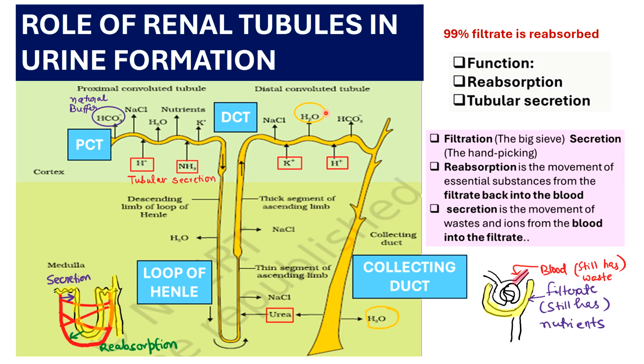That means if the body requires it, absorption of the water can take place under the influence of hormones such as ADH. So that is known as conditional reabsorption. And what is being secreted here into the filtrate? H+ ion, which is toxic for the body, and K+ ion is secreted into the DCT.